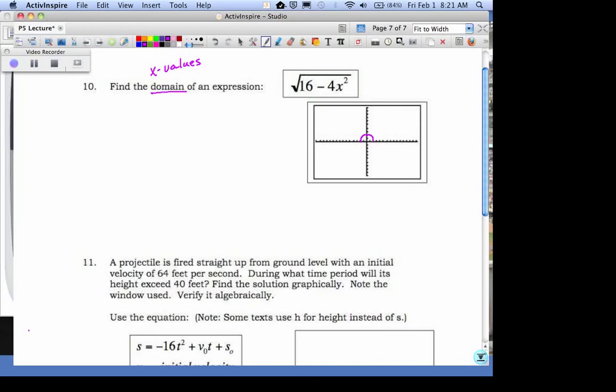Okay? So mathematically, using inequality symbols, how could I say that I want to take the square root and make sure that everything in this problem is 0 or more? How do you write, I want this stuff to always be 0 or more? Greater than 0.